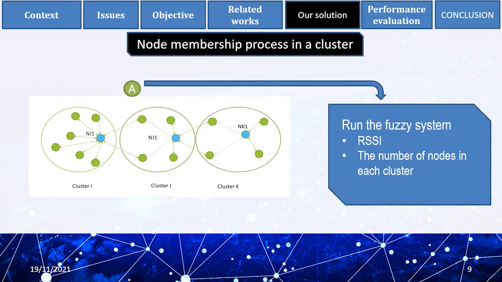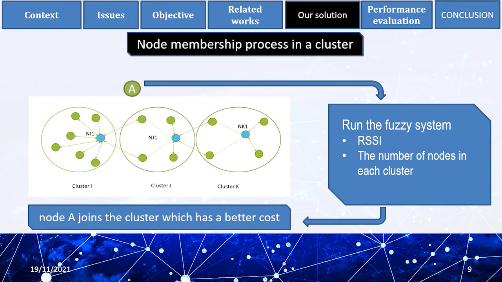The fuzzy system takes as parameters the RSSI and the number of member nodes on the cluster head. The node will choose the cluster whose CH has the best cost.